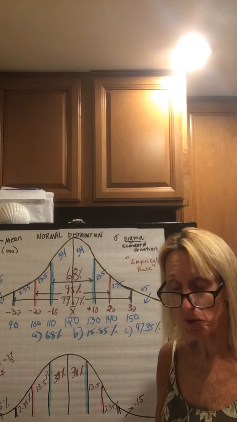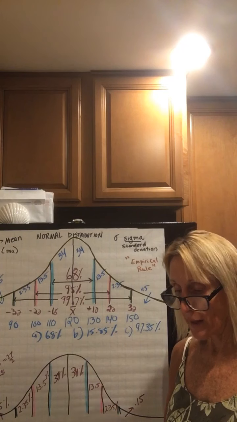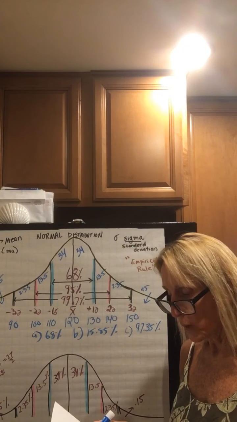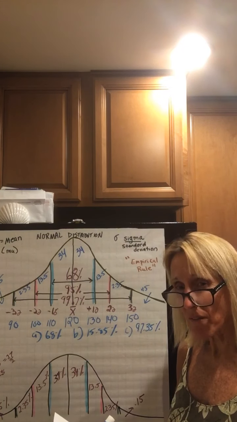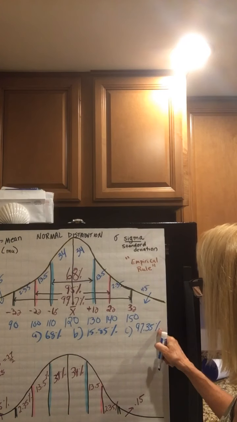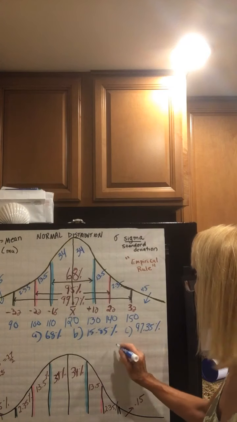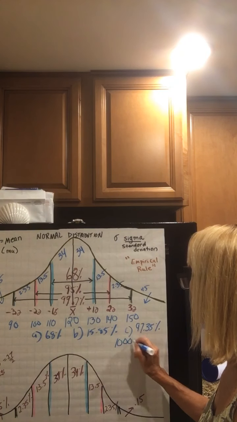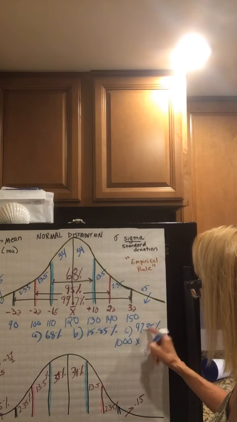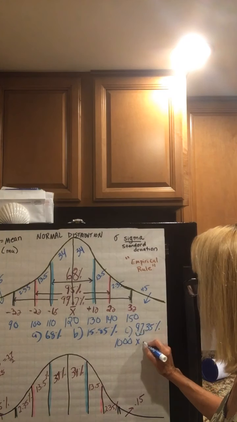It doesn't say what percent. So I have to go back and look at my data. It says we have a set of 1,000 values. So I have to take this and multiply it by 1,000. Don't forget to move the decimal 2 places to the left.